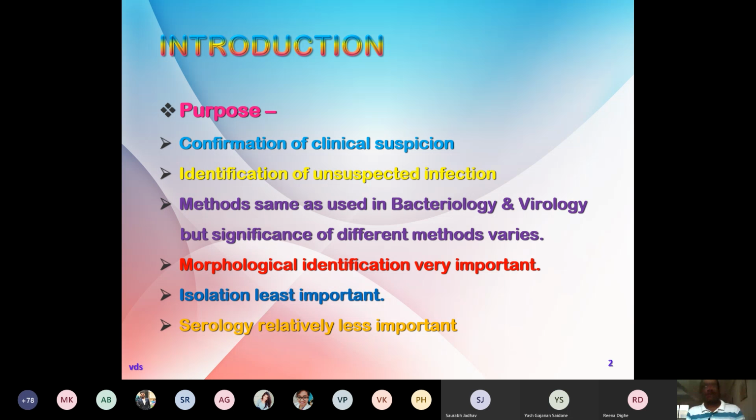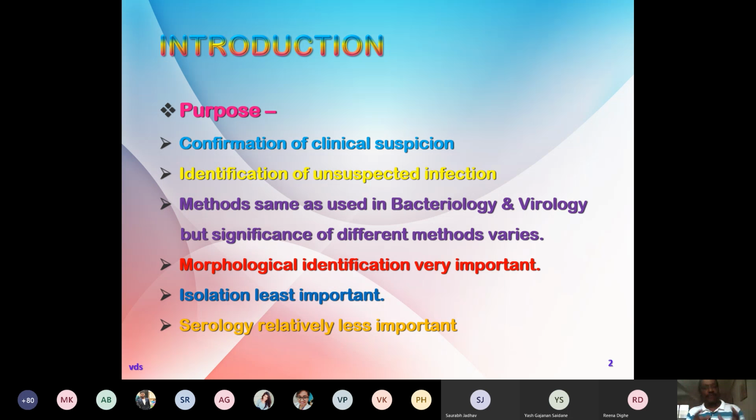As for example, in parasitology, the first important technical aspect, which is microscopy, is very, very important because it will give a specific diagnosis of the infection by observing the organism, by observing the parasite, by observing the particular stage of the parasite in the specimen.